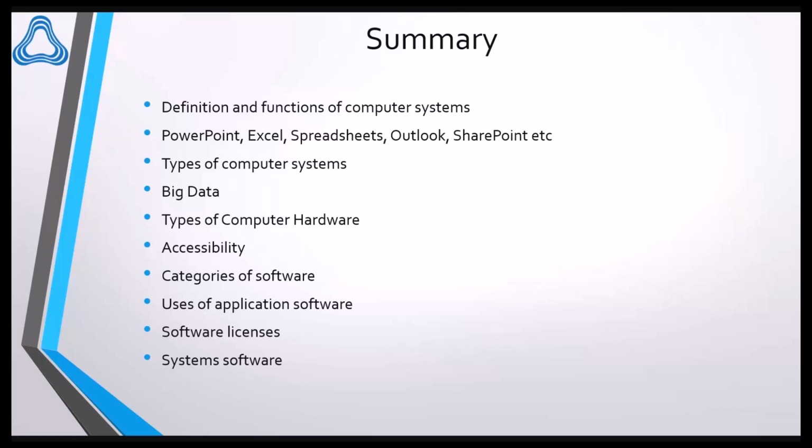We looked at big data. I hope you remember the 5 V's. We then looked at the types of computer hardware. We looked at accessibility and categories of software. You remember the 2 broad categories, system software and application software. We've seen the use of application software. We looked at software licensing, and we also looked at system software.